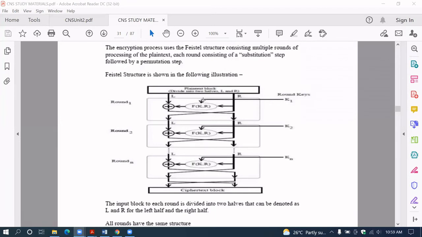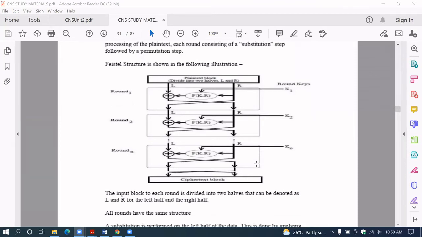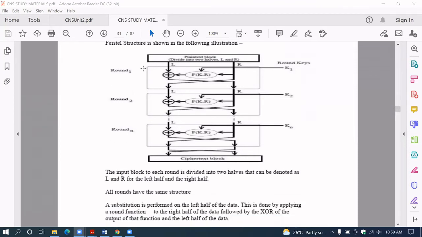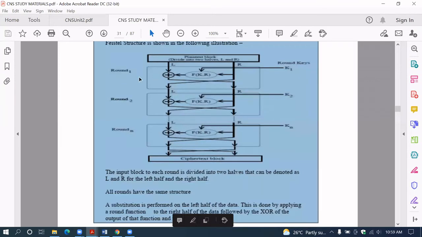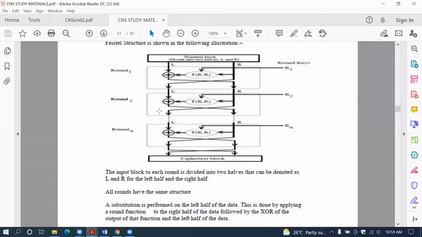Here the plain text block is divided into two halves, left half and right half. All the rounds will have the same structure. If you see round 1 here, round 2 up to round n, everything is divided into two halves, left and right. And what is the output obtained here? It is a ciphertext block.